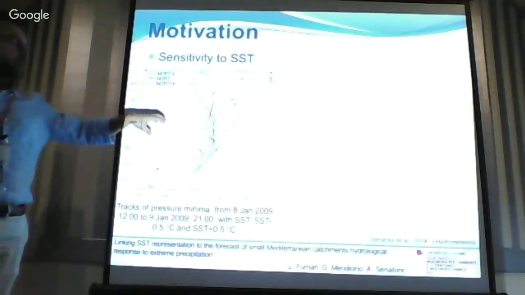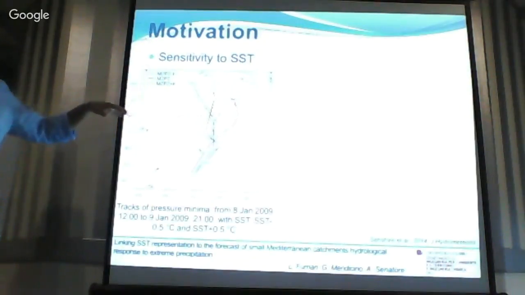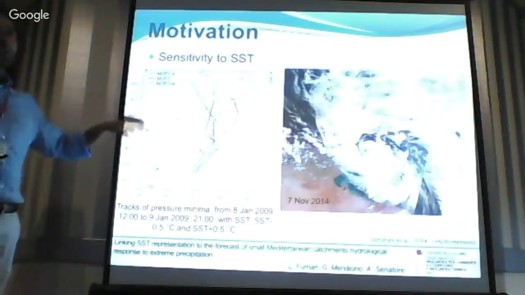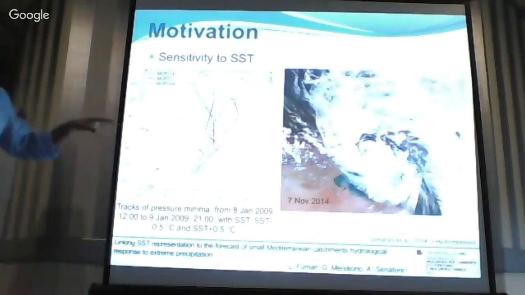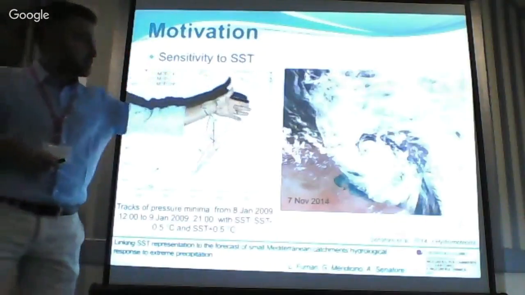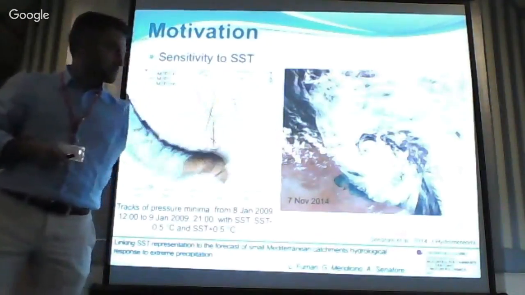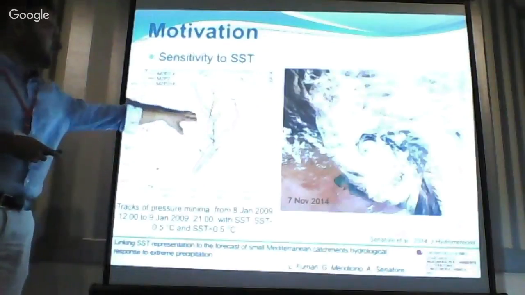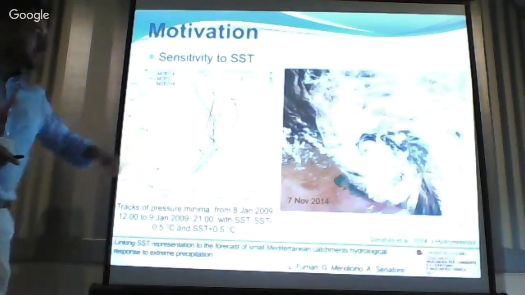This kind of classification is quite common from late summer to late autumn in the Mediterranean Sea. Here we have a clear example, what they call a Medicane, a Mediterranean hurricane, which happened and started in the sea between Sicily and Africa.